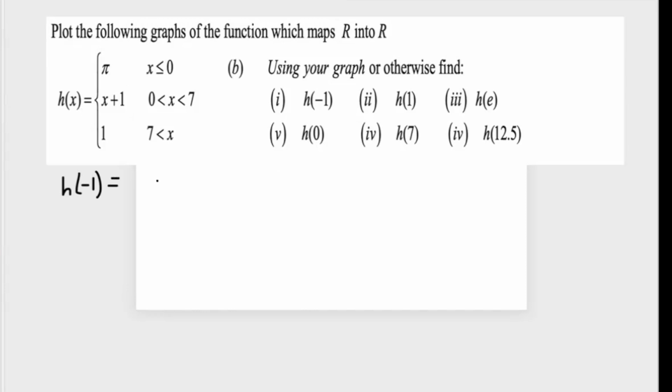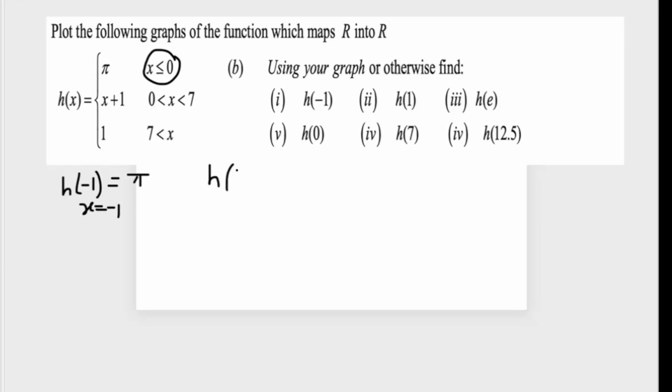For h of negative 1, at negative 1, it would fall in this range because this says x less than or equal to 0. So since x equal negative 1, it would fall in this range. So that means my answer is pi.